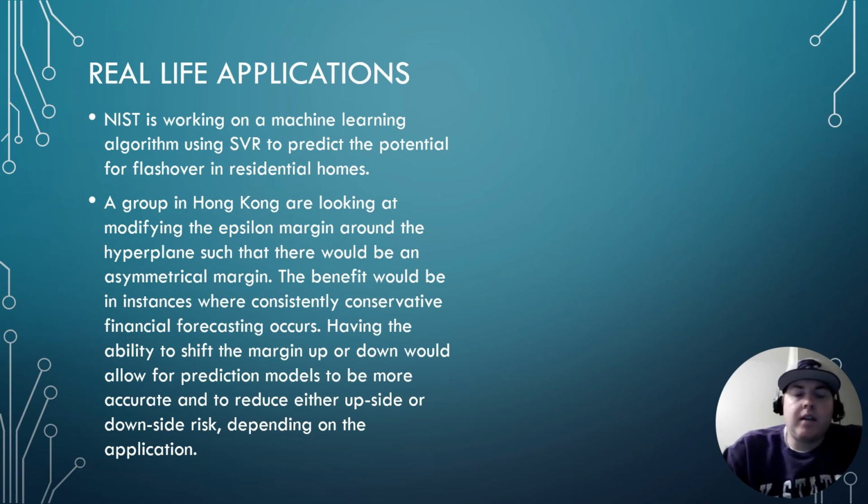I mentioned that the data we looked at was from heat detector data for a given fire scenario. I'll share my sources here in a minute, but NIST is actually working on a version of a machine learning algorithm using support vector regression with the goal of predicting flashover in residential homes.